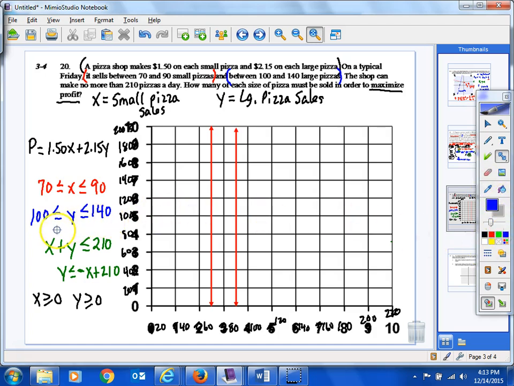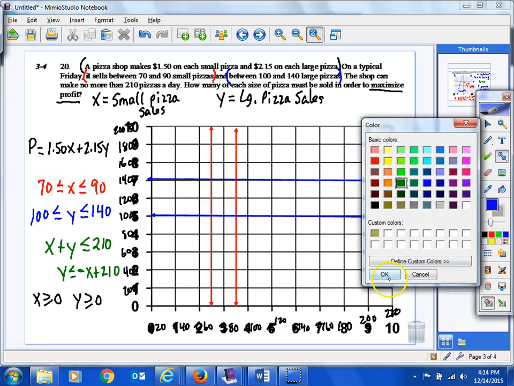Okay. Now the blue constraints, y equals 100 and y equals 140. And we would shade in between these. So if we combine the red and the blue shading, right now we're in this area right here.